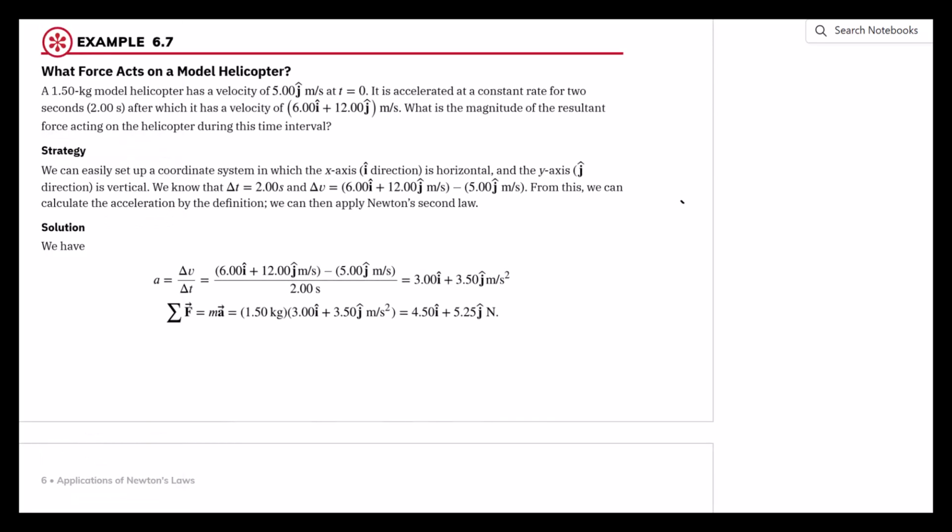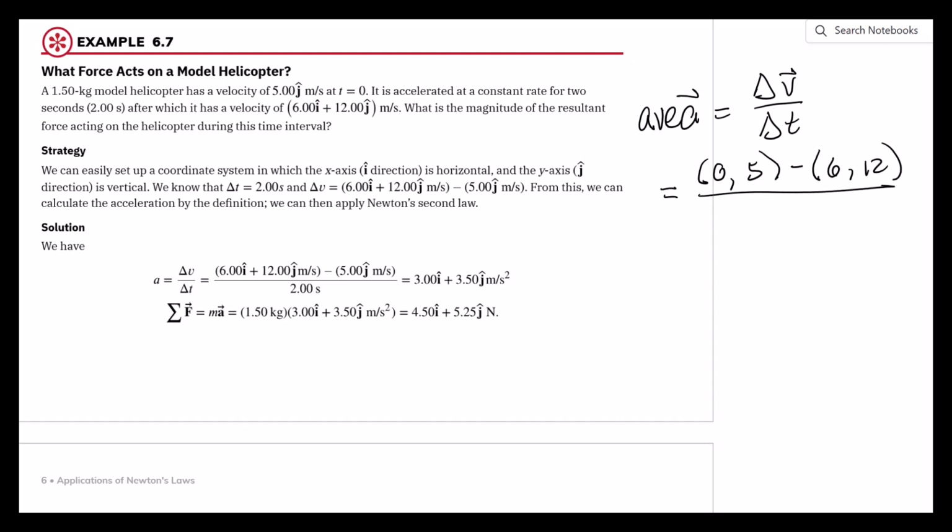Okay, so my starting velocities, well, I'll just do it this way. So my acceleration is delta V over delta T. So I started off at 6, 12 and I went to 0, 5.